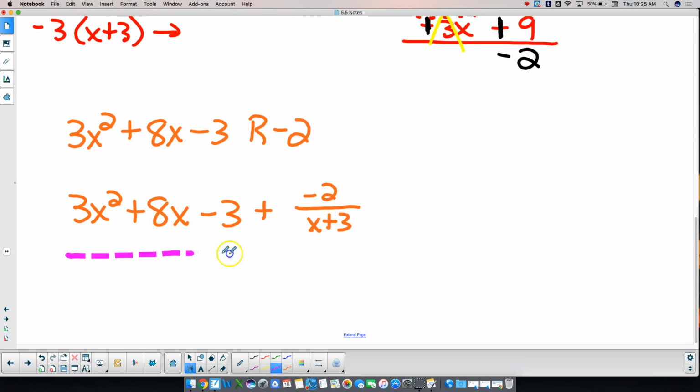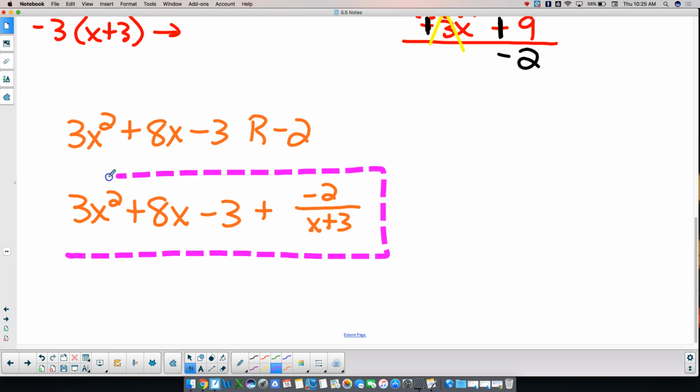And that is a more algebraic remainder. I could have also gone minus positive 2 over x plus 3 there. You know what I mean? Because that negative sign can go on top, on the bottom, or out in front. Okay?